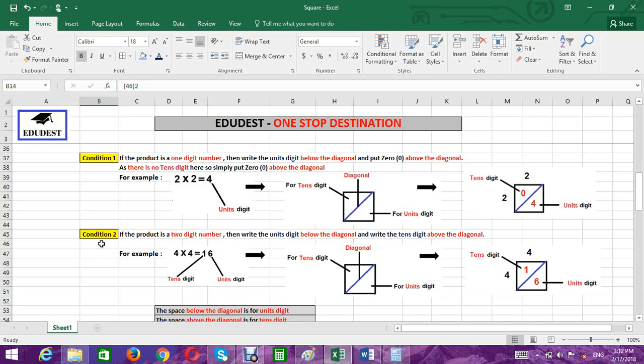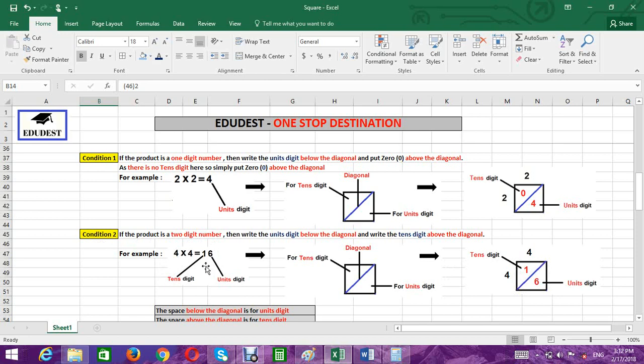According to condition 2, if the product is a two-digit number, we need to write down the unit digit below the diagonal and the tens digit above the diagonal. As you can see in the example, when 4 gets multiplied by 4, we get the product 16, which is a two-digit number.